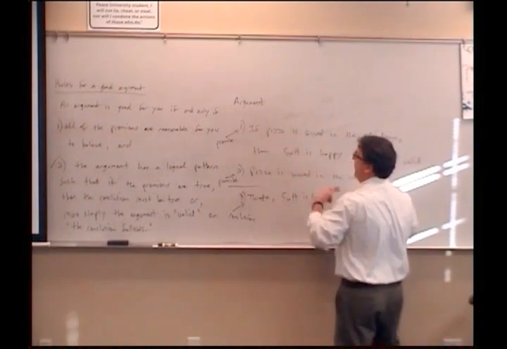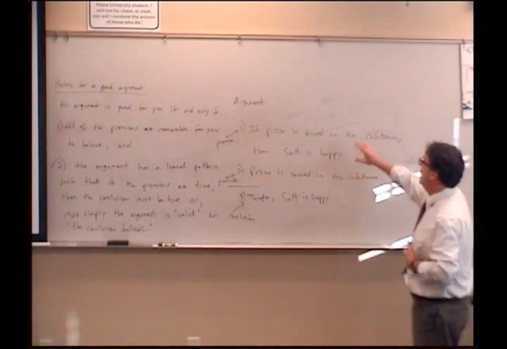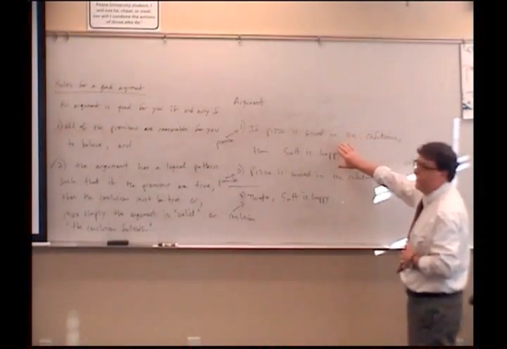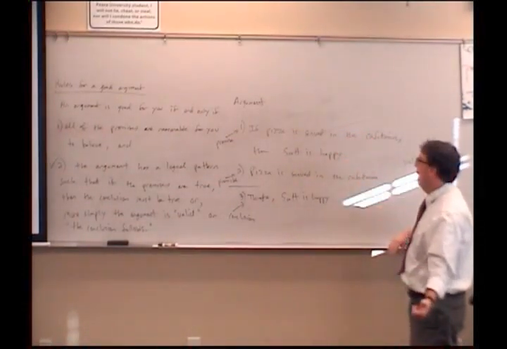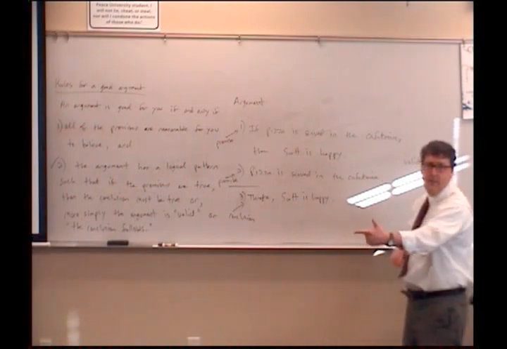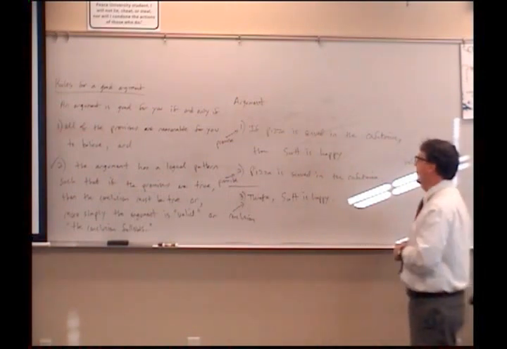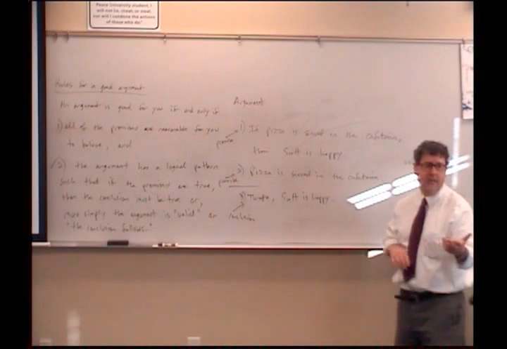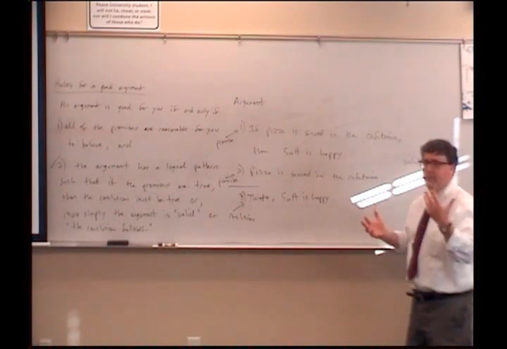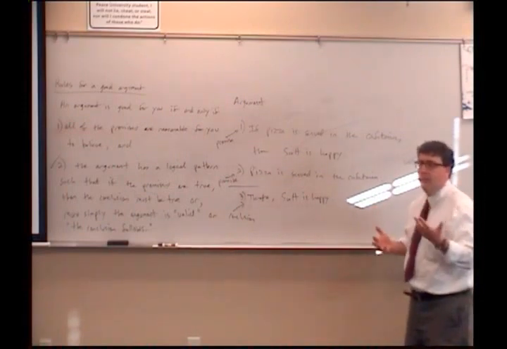And the problem we have with premise one is we can imagine situations where pizza's served in the cafeteria, but Scott's not happy. Dog died, served the wrong kind of pizza, got in a car accident earlier that day, somebody fussed at me. There's all kinds of things.